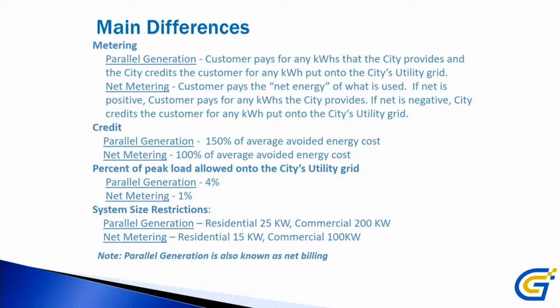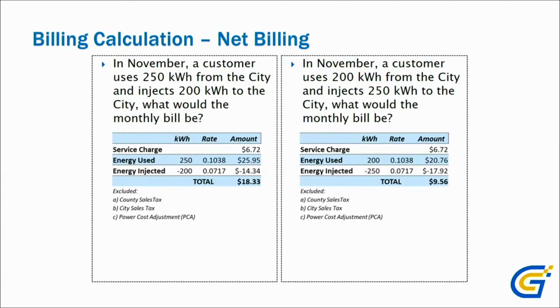Parallel generation is also known as net billing, and you will see through the examples. So net billing, I have two examples. One, a customer uses 250 kilowatt hours from the city and generates or injects 200 to the city. What will the monthly bill be?